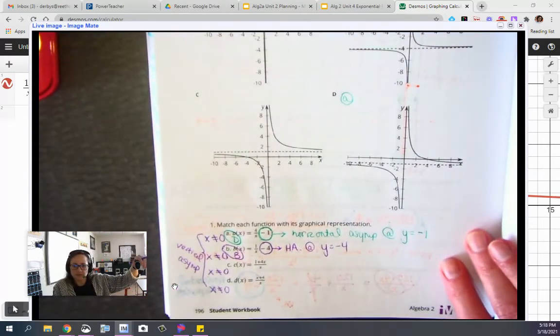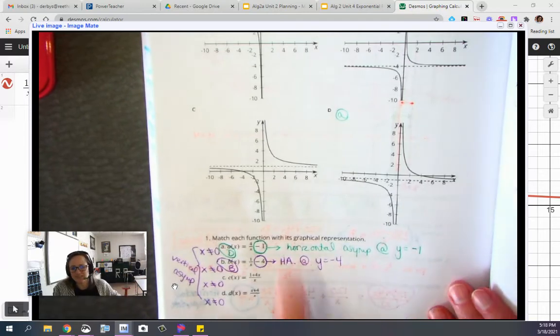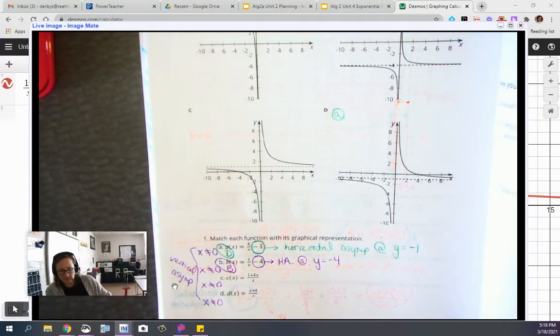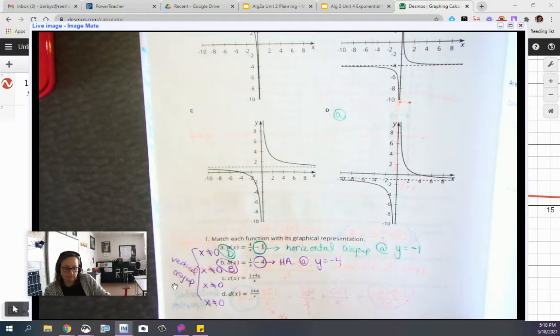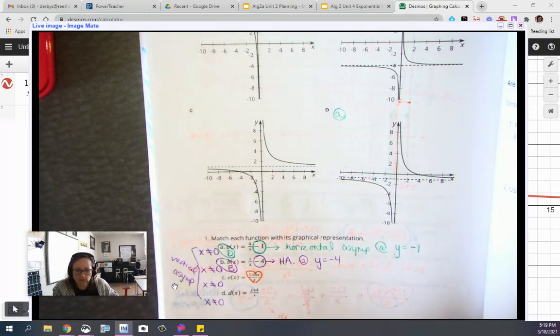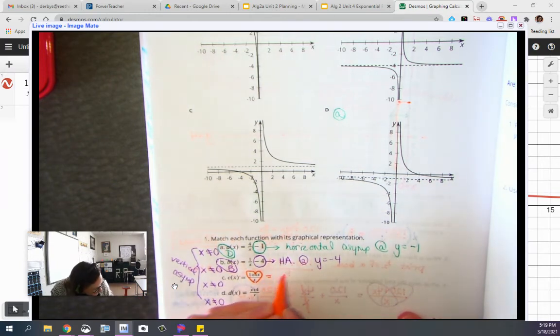Now our next one isn't written in 2 separate fractions. So I'm going to make it. We know how to do division, or we can just rip it apart, give it a little bit of love first. Another way we could write this is 1 over x plus 4x over x.